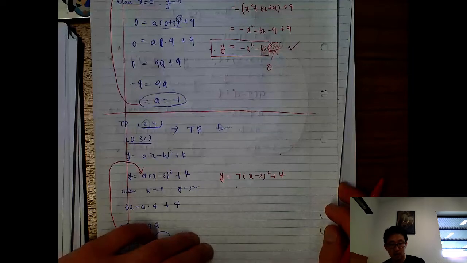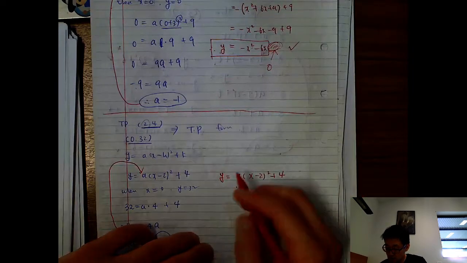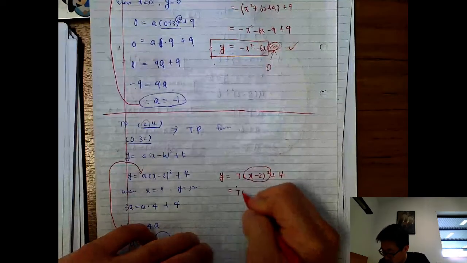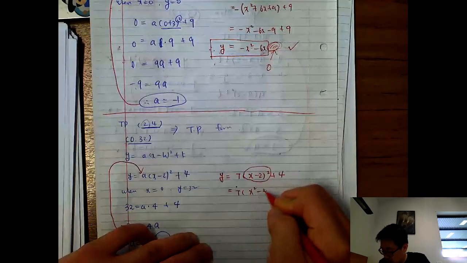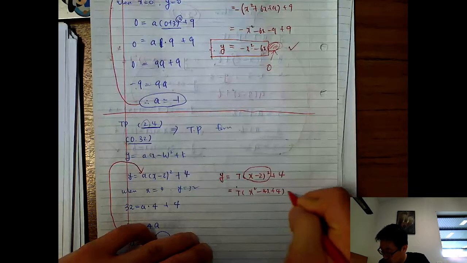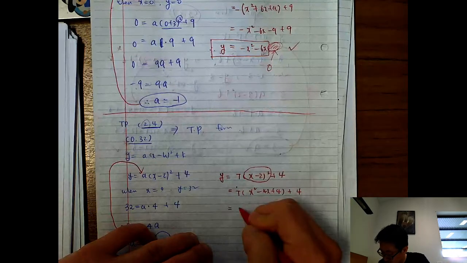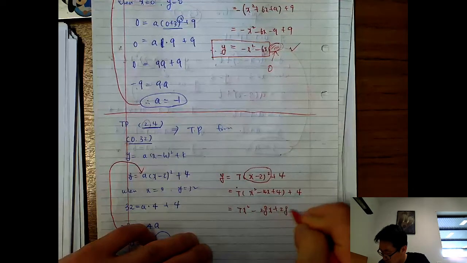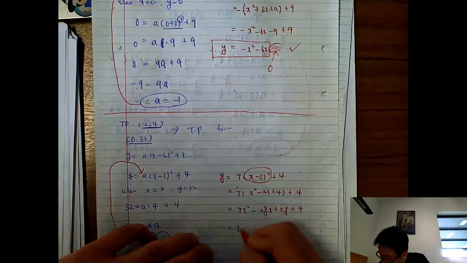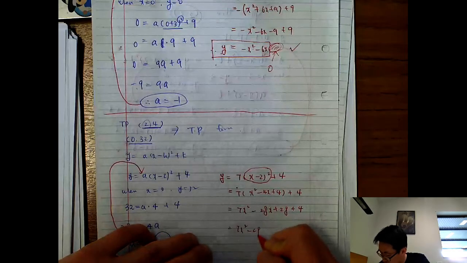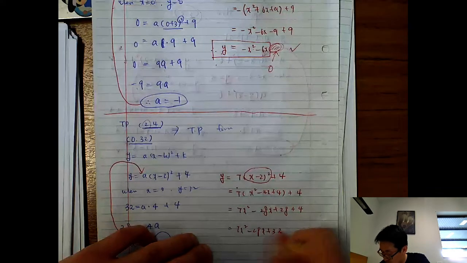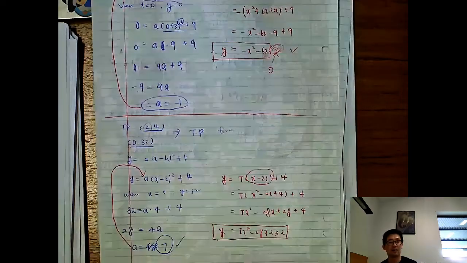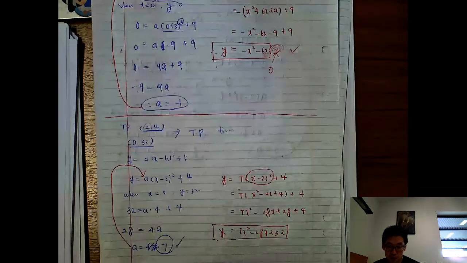If they ask for y equals ax squared plus bx plus c form, then you have to expand it: 7x squared minus 28x plus 32. So y equals this. I have polynomial form as well.